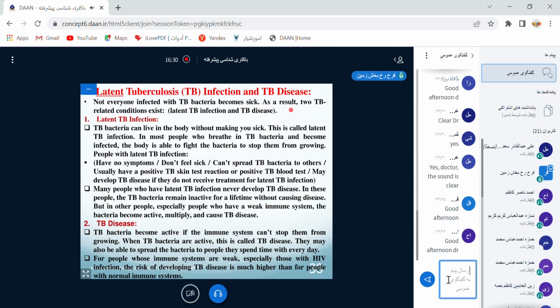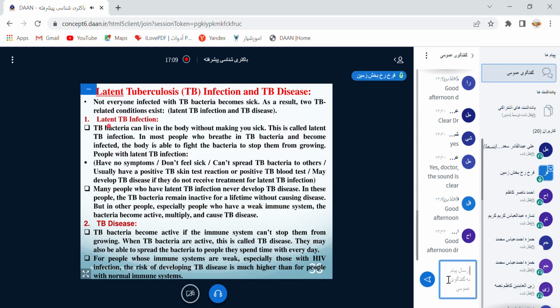As a result, two TB-related conditions exist: latent TB infection and TB disease. So people are in groups. Those who show signs and symptoms have TB disease. And those infected with TB without signs and symptoms have latent TB infection. So we discussed these two here.